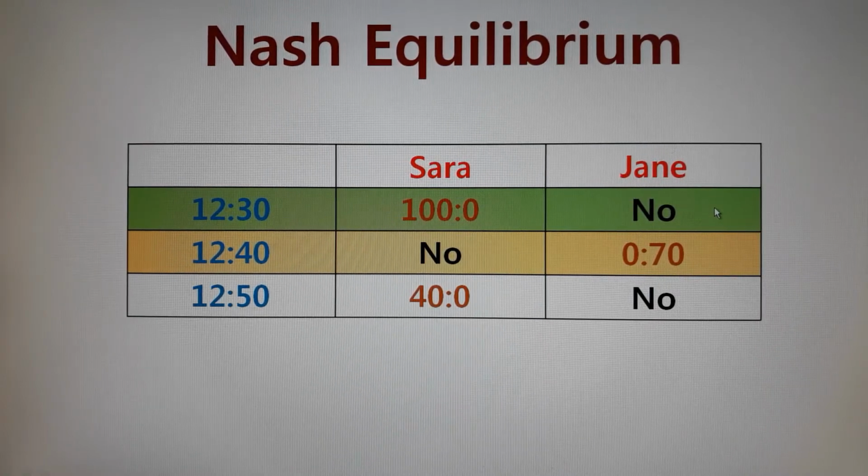However, we are talking about Nash equilibrium. In Nash equilibrium, you believe in the empty threat, whatever your opponent would say. So if Jane says no to anything, Sarah believes it. Even though I said, oh, I'm going to give you 90, Sarah believed Jane would say no. How stupid of Sarah? Well, that's Nash equilibrium.